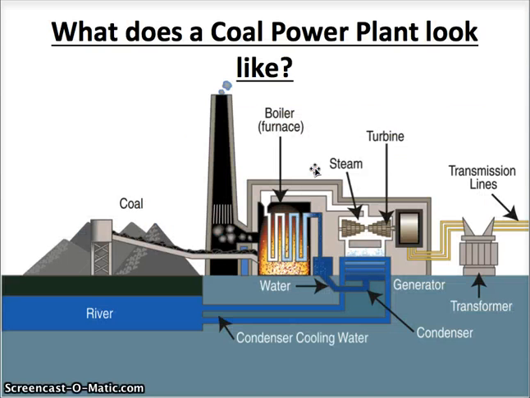Now let's talk about what a coal power plant looks like. So I wanted to show you these pictures because most power plants pretty much operate in the same way. The only part that changes is what it uses for moving the turbine. So in a coal power plant, you have coal that's being burned. It heats up water, which boils and creates steam.